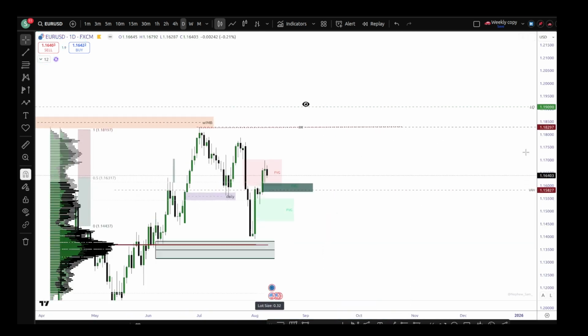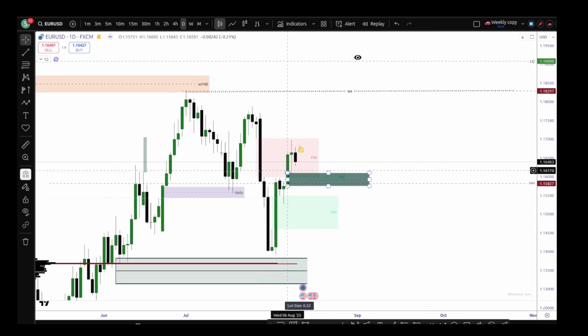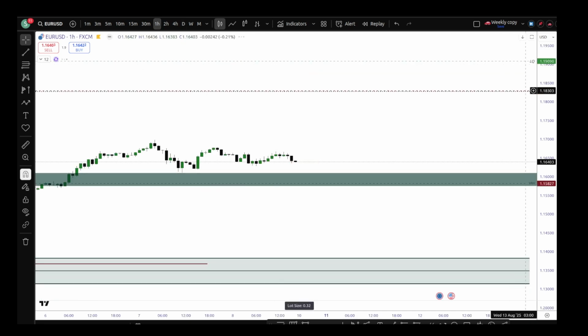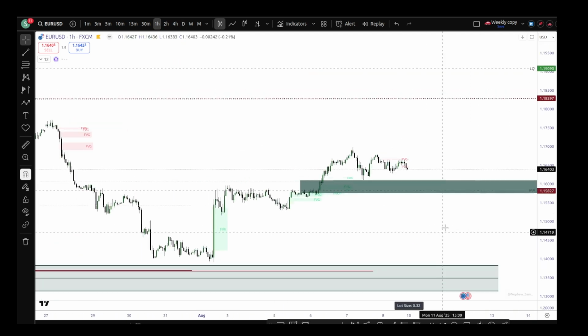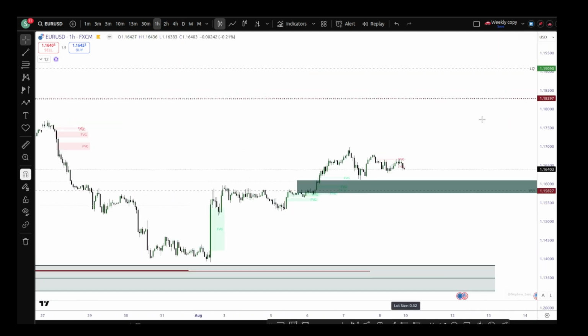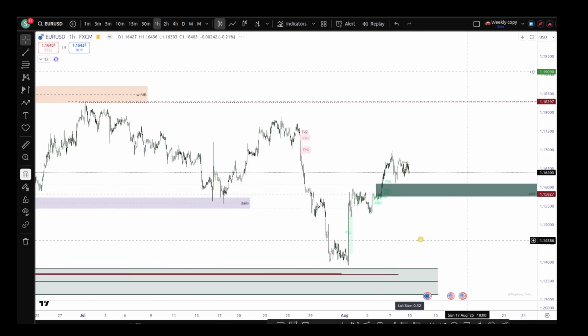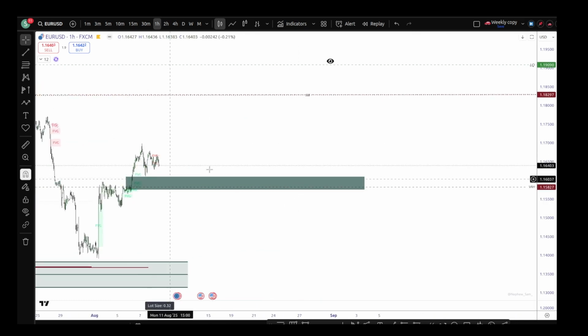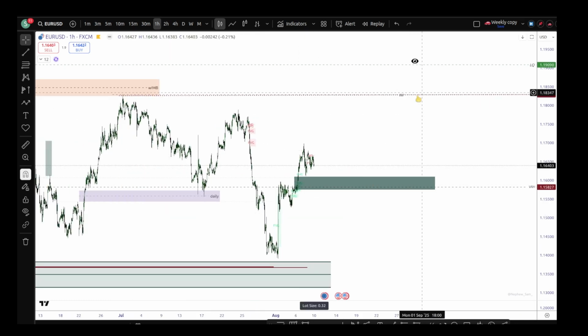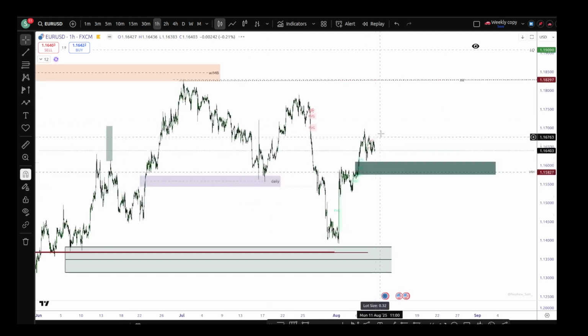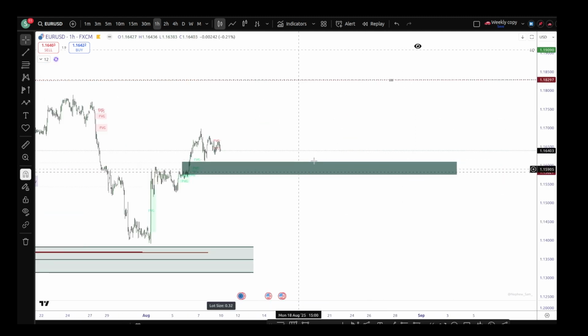So potentially we could find some support here because there is a key low, right? This low can be taken out if I were to come to the 1 hour, sweep all this and something like that, and then eventually meet all these highs, especially these highs, right?